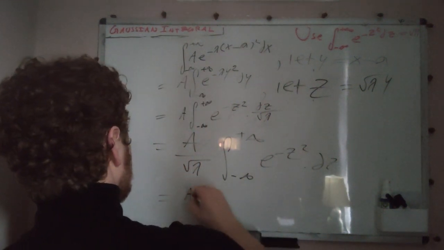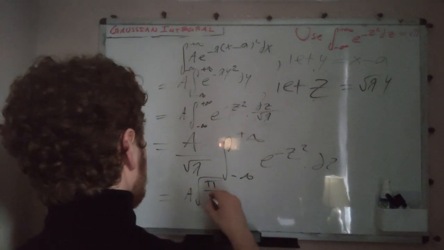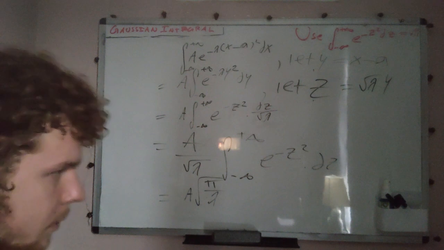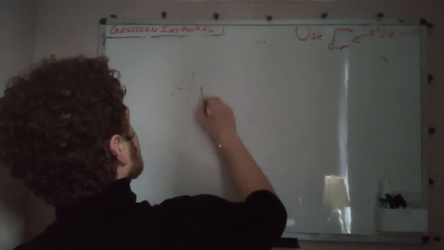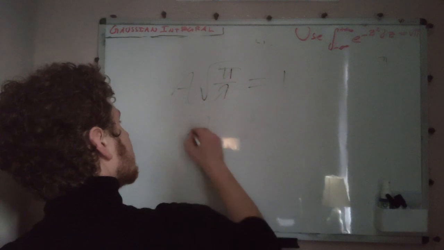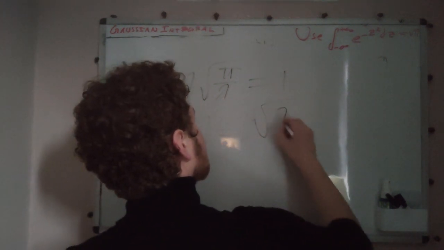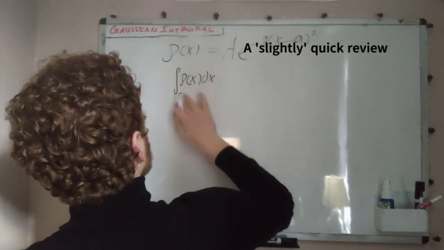Same thing as a square root of π over lambda. We know that piece is the same as 1. So then we solve for a, and a equals the square root of lambda over π.